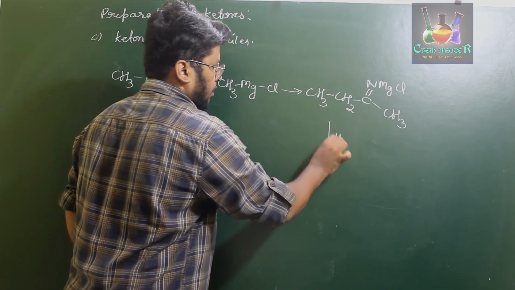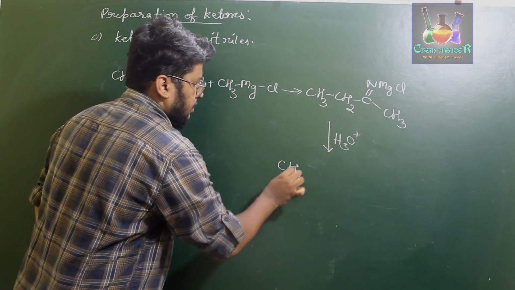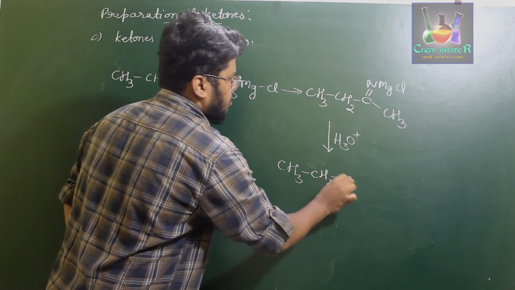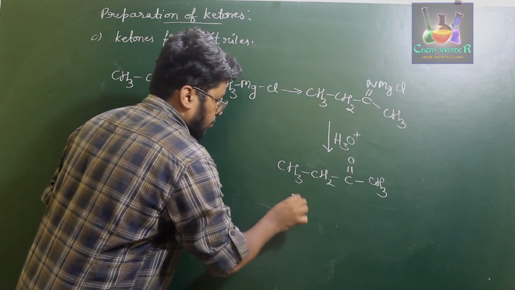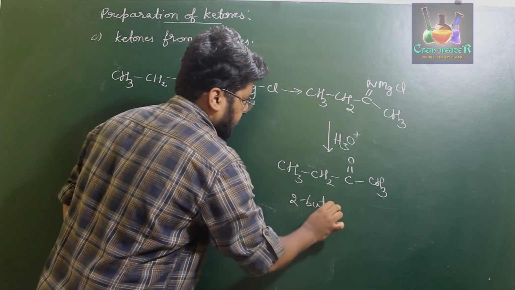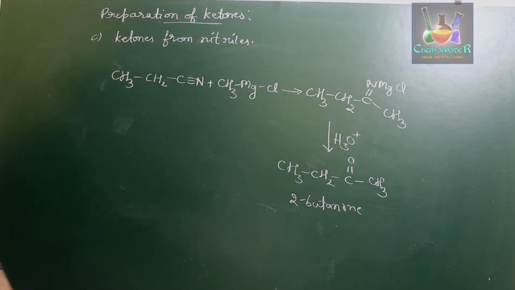This on hydrolysis with H3O+ yields CH3CH2C=O CH3. So this is 2-butanone. This is the preparation of an alkyl ketone.